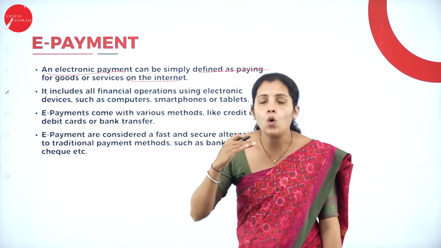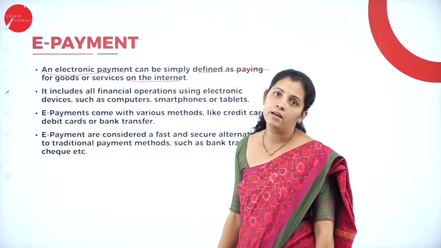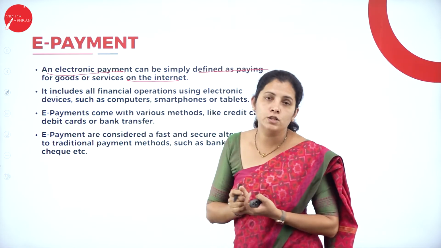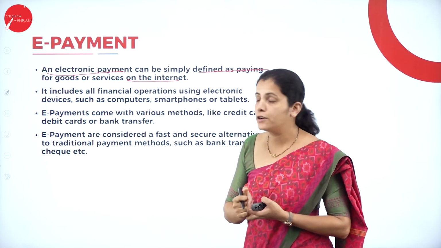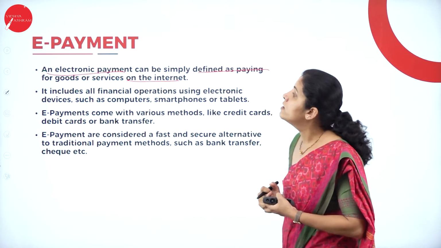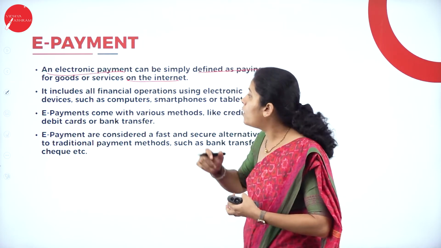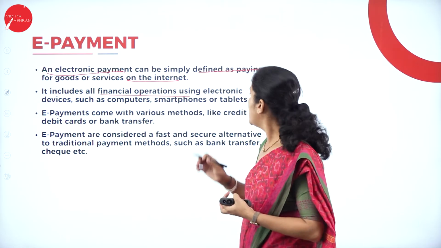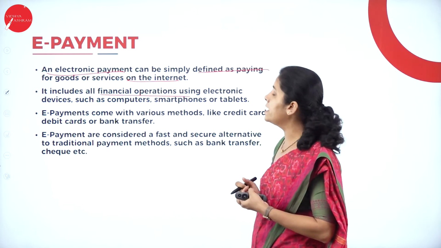That means through online or through the net, we are going to transfer the money or send the money online. E-payment, that is electronic payment, is mainly used for paying for goods and services on the internet. It also includes financial operations using electronic devices such as computers, smartphones and tablets.